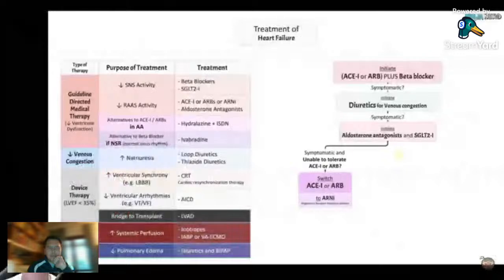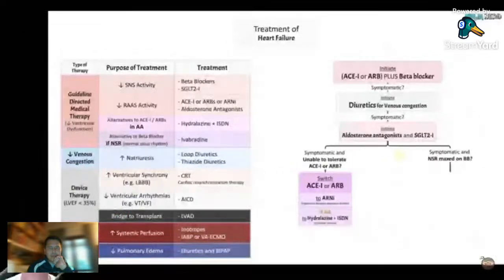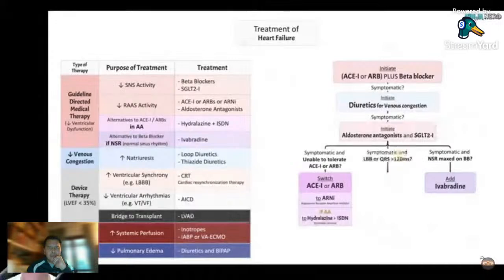It actually has a mortality benefit. If the patients are symptomatic on all these therapies and maxed out on a beta blocker, give them ivabradine. If the patient has a left ventricular ejection fraction less than 30 percent and a left bundle branch block or a QRS greater than 120, give them cardiac resynchronization therapy.